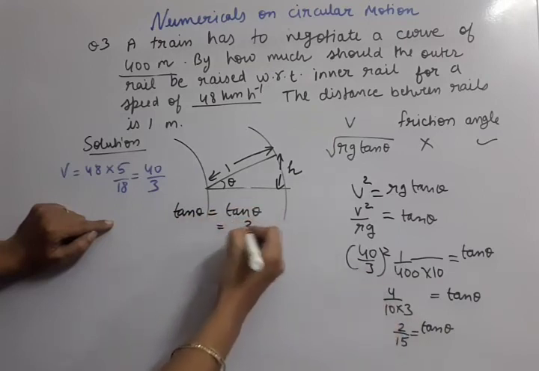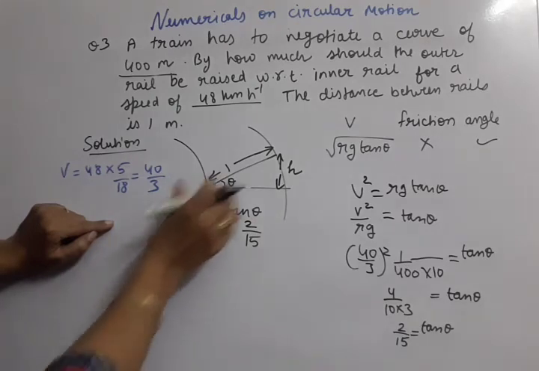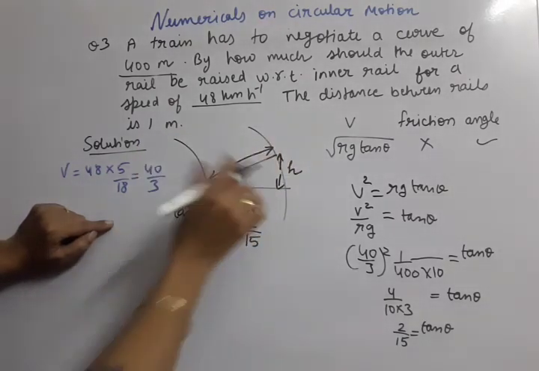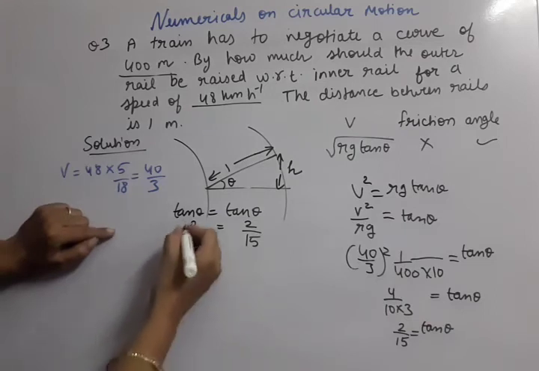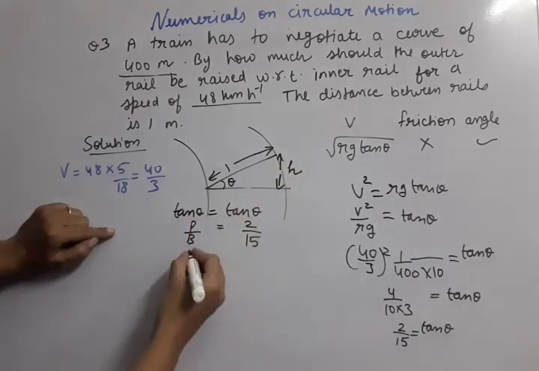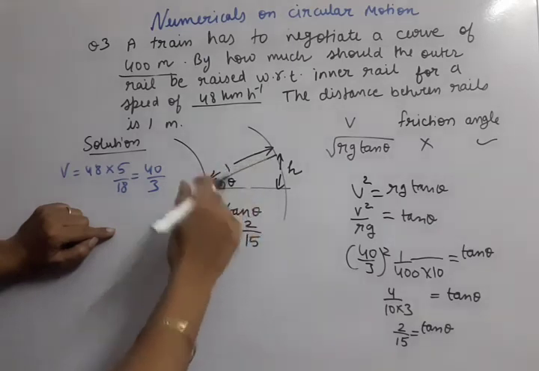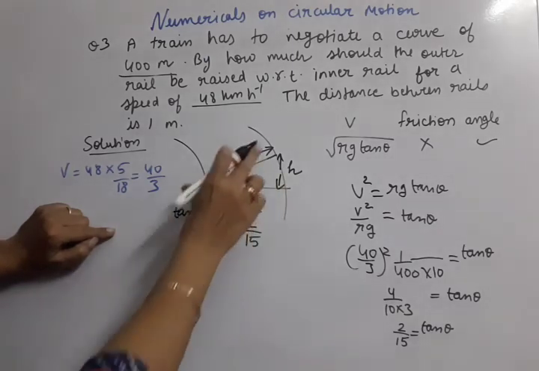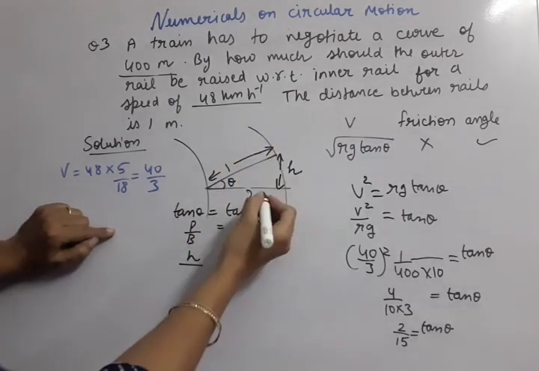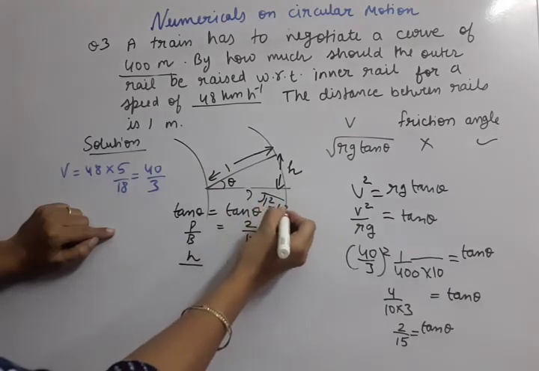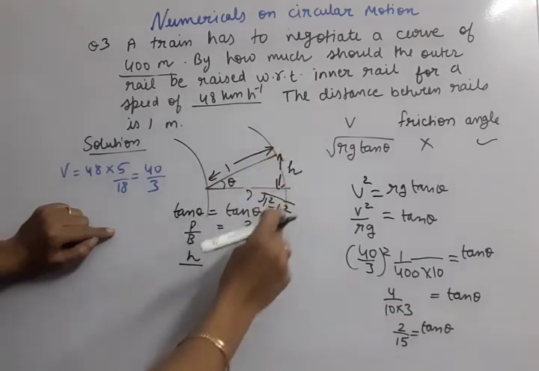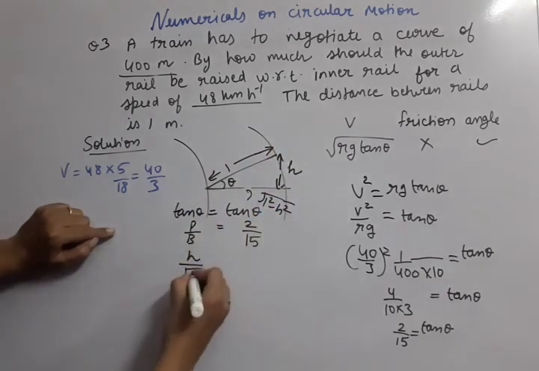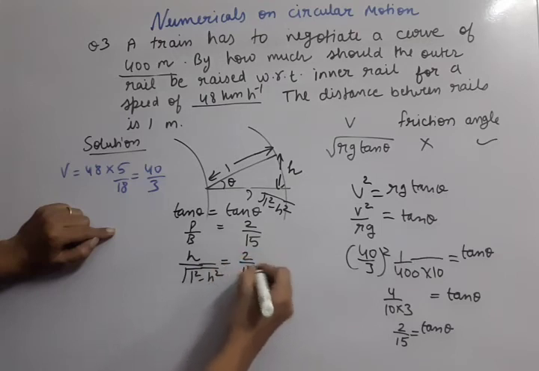Tan theta from here we have got 2 by 15, and tan theta from the diagram is perpendicular upon base. Perpendicular is h, and the base is hypotenuse square minus perpendicular square, so the base is root of 1 square minus h square. So h upon root of 1 square minus h square is equal to 2 by 15.